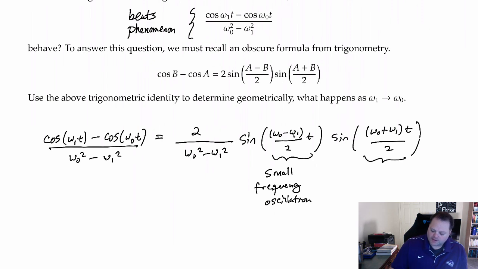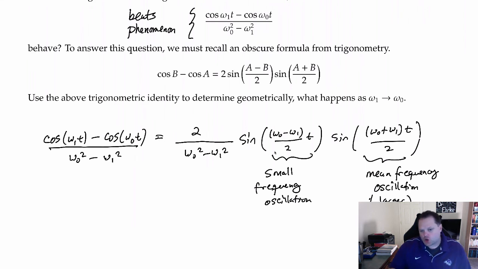And if you just look at it, it's omega naught plus omega 1 divided by 2. This is what we call a mean frequency, which is the larger of the 2 frequencies here. This is the mean frequency oscillation, which is the larger of the 2. So you have a larger frequency, which means a faster vibrating oscillation here. And you have a smaller, much longer period oscillation that's happening here.